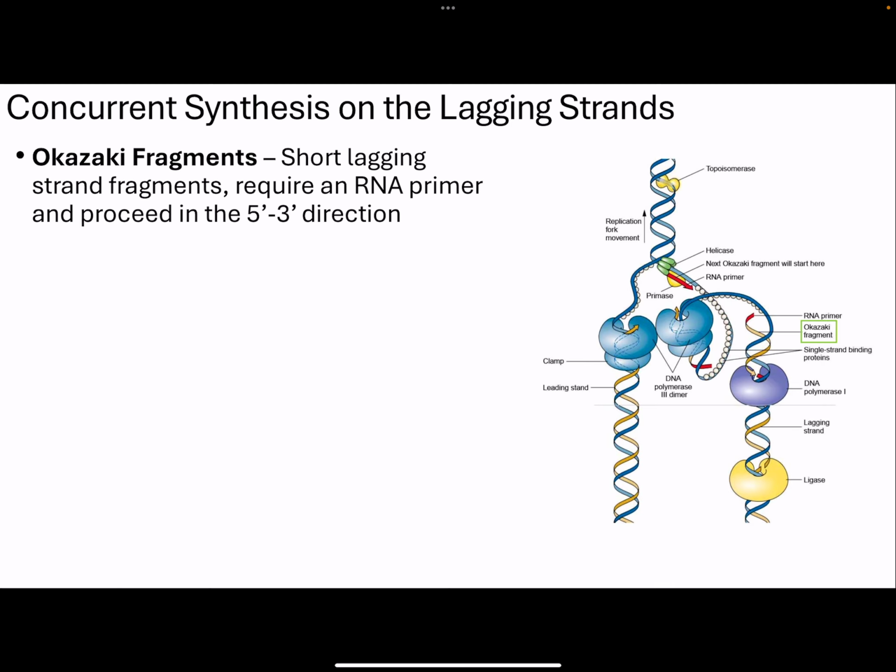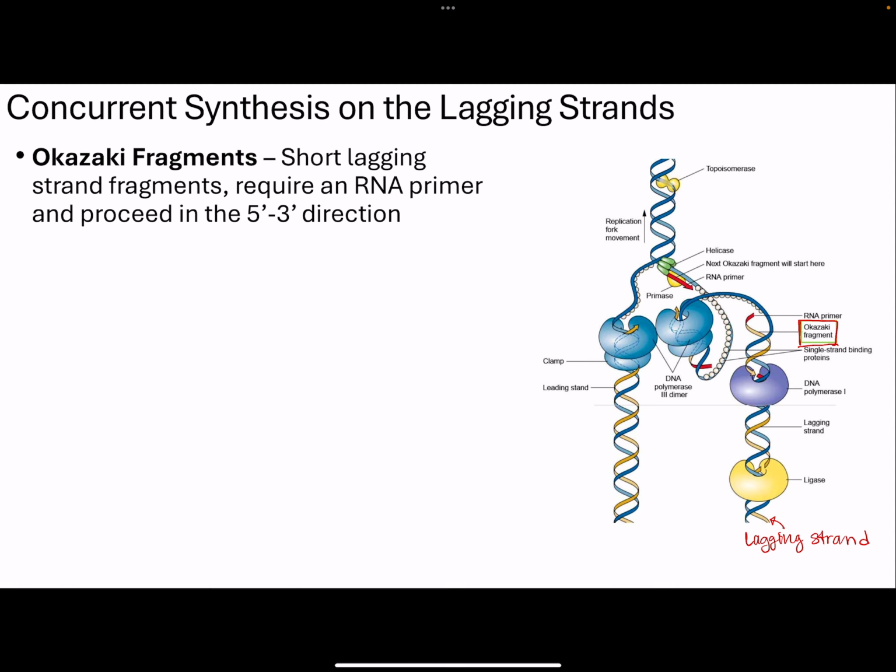Moving right along, we have our differences between leading strand and lagging strand synthesis. So I mentioned in the previous slide that we have fragments of new DNA chains that are being synthesized on the lagging strand. So this lagging strand is referring to that yellow, newly synthesized DNA.